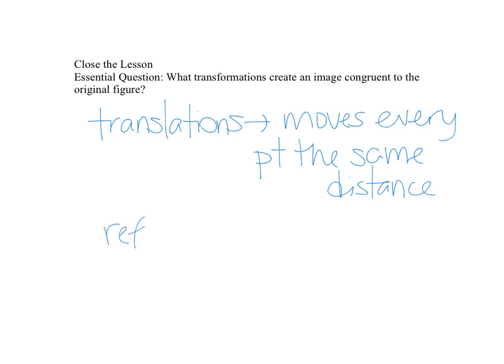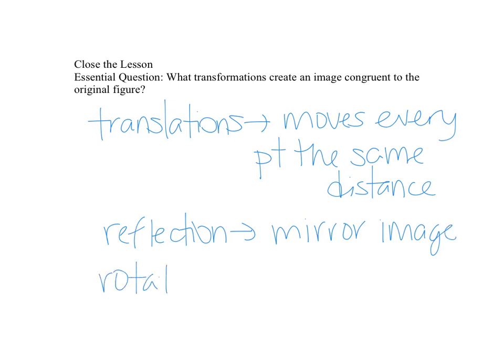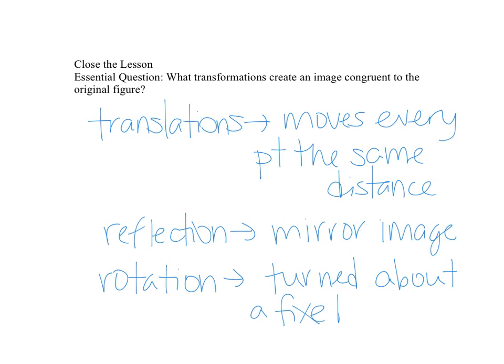We have a reflection, which is a mirror image. And you have a rotation, where it's turned about a fixed point. And this concludes Unit 4.